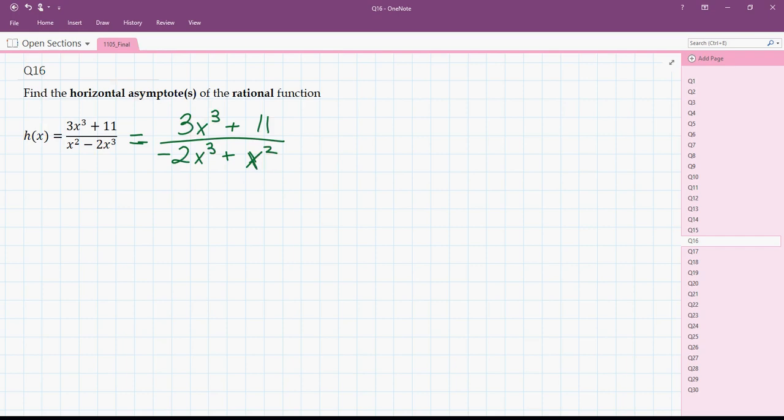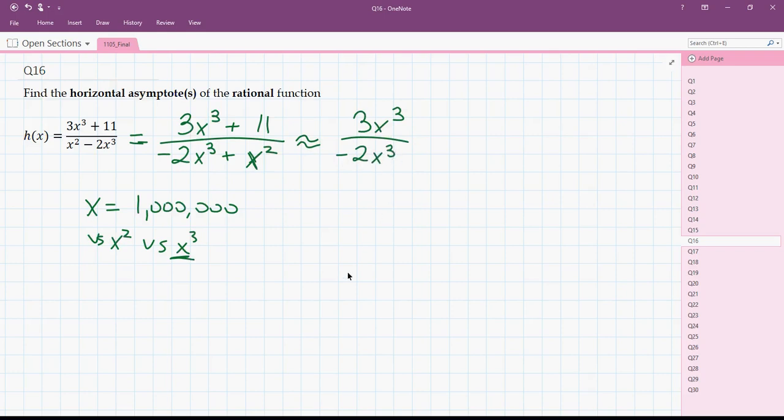Because as you get farther and farther away, for example, if we're at x equals 1,000,000, if you look at x versus x squared versus x cubed, x cubed is so much bigger than x squared and x that they become irrelevant. This function is approximately equal to 3x cubed divided by negative 2x cubed.